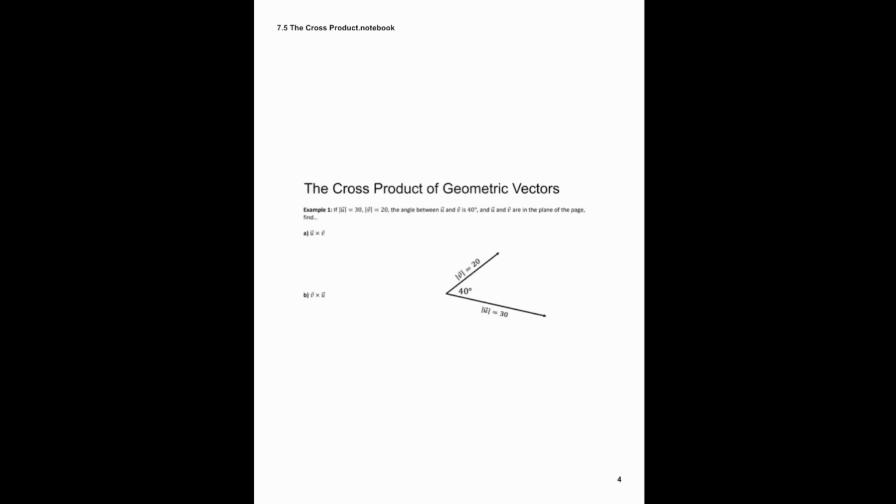Okay, so just as a reminder, the formula for u cross v is equal to the magnitude of vector u times the magnitude of vector v times sine of the angle between them. And now it needs a direction, so it's got that unit vector n.